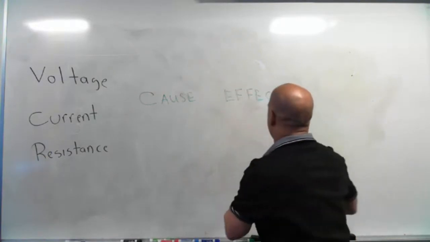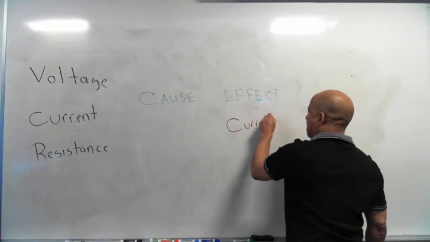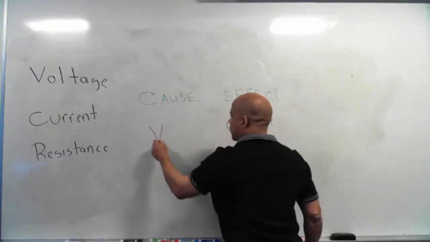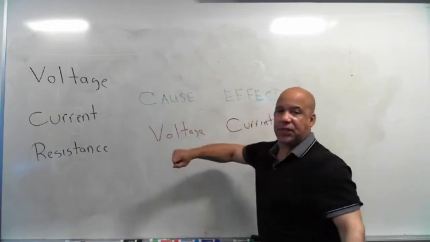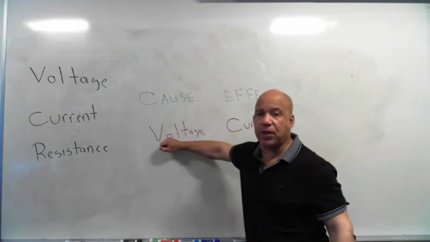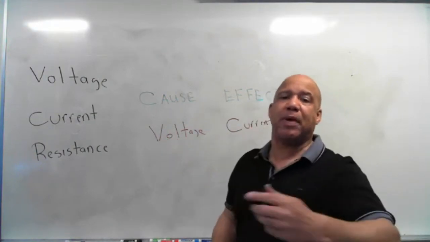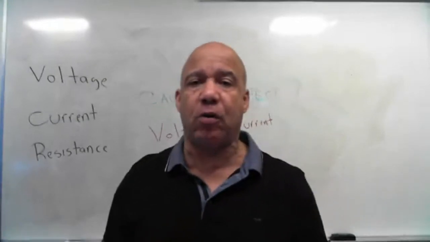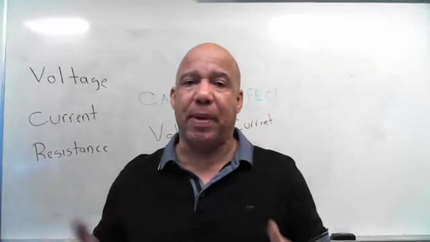The cause of a current is a voltage. This is the cause, this is the effect. It takes a voltage to make a current, not the other way around. So if I want to make a current, I have to first start with the voltage, and I can use that voltage to make a current.